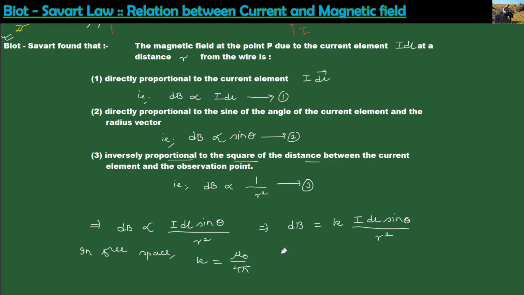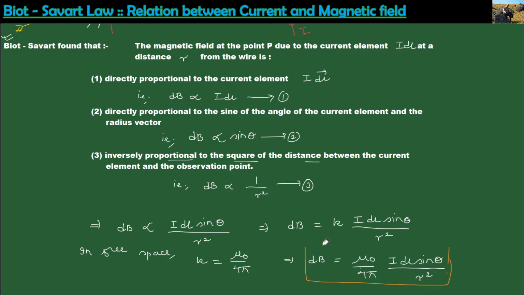After replacing k by mu naught by 4 pi, we get the relation dB equals mu naught by 4 pi times IDL sin theta divided by r square. So this is our relation.